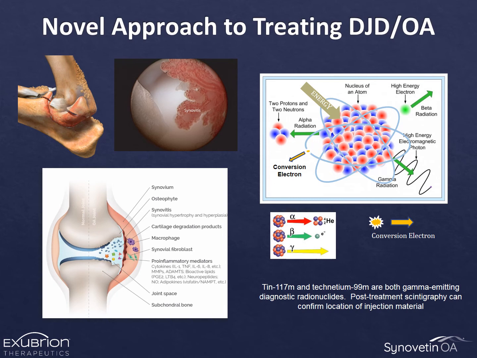Then we go to the graphic below those two, and we walk ourselves right back through the rearview mirror, where we're now giving attention to the synovium and the synovitis that we've reviewed. We're looking at cartilage degradation and products thereof that are in the milieu of inflammatory mediators within the joint fluid, giving special attention to macrophages and the pro-inflammatory mediators that we've superficially identified therein, with interleukins, TNF, and so forth.